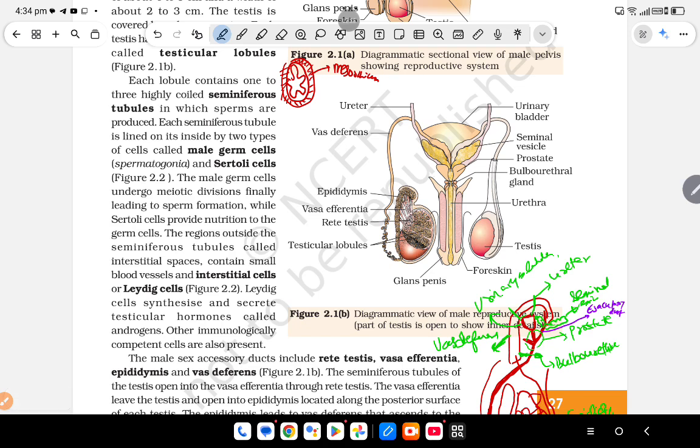The male germ cells undergo meiotic division, finally leading to sperm formation, while Sertoli cells give nutrition to the germ cells. The regions outside the seminiferous tubule, called interstitial spaces, contain blood vessels and interstitial cells, or Leydig cells. They produce androgen, and other immunological cells are also present.